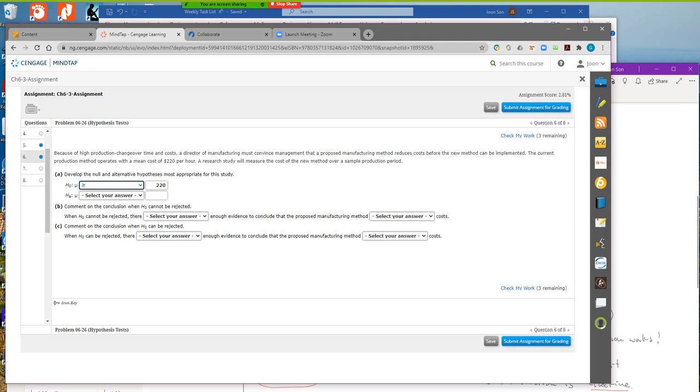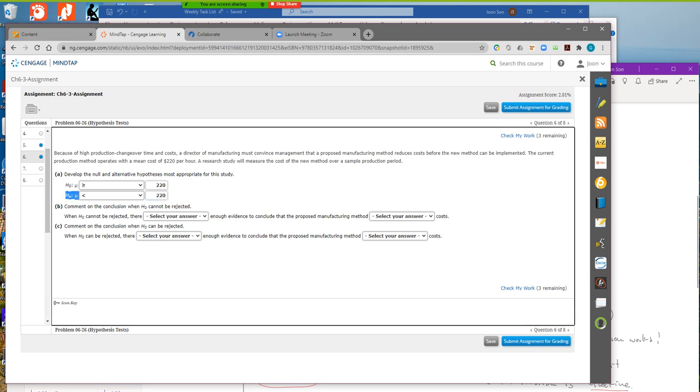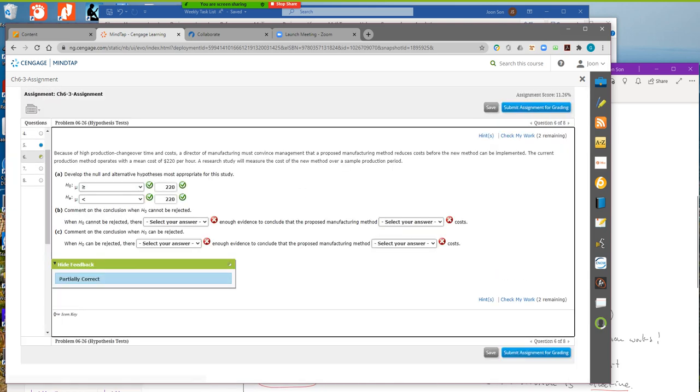And as for the alternative, the director actually hoped that the new system's mean cost is less. So that's what this director wants to prove. Okay, so let's check my answer.